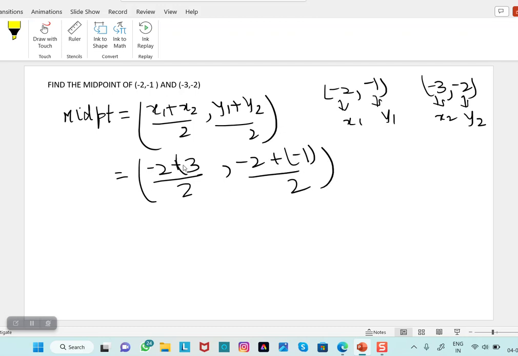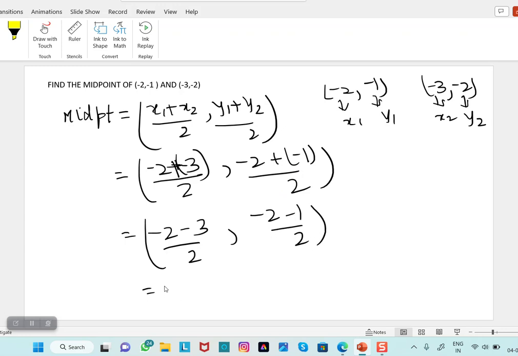So we get -2 plus -3 upon 2, -1 plus -2 upon 2. This gives us -5 upon 2, because -2 minus 3 will give us -5, since you add them and take the sign of the greater number, and this is -3 upon 2.